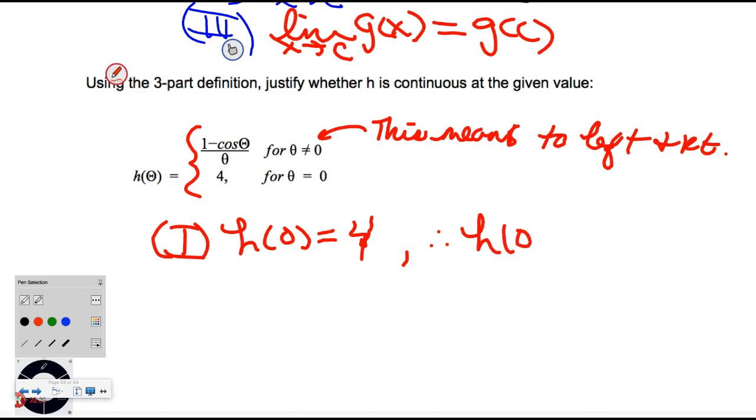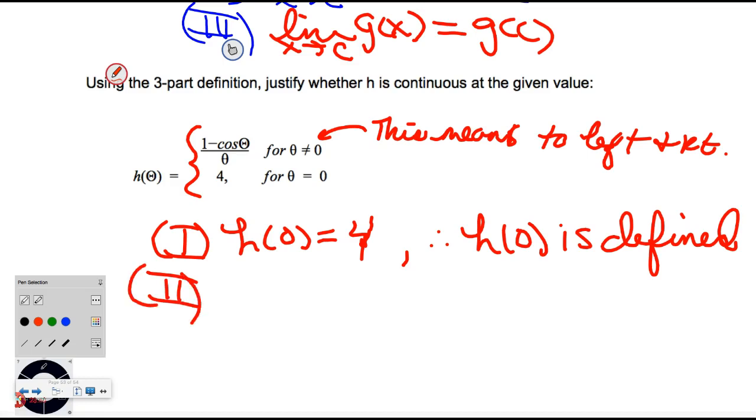My smartboard doesn't like to run with that Desmos program open. I can tell it's glitchy. Number 2, I have to see what the limit is. This right here is the limit from the left and from the right. It's the limit as theta approaches 0 from both sides of 1 over cosine theta over theta.